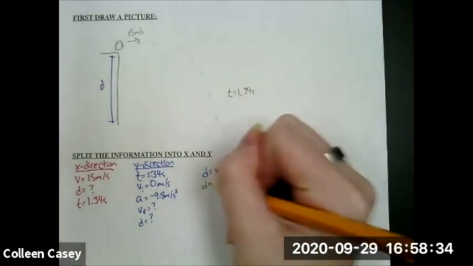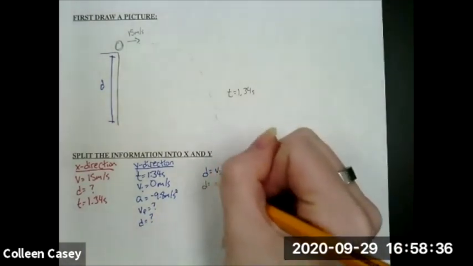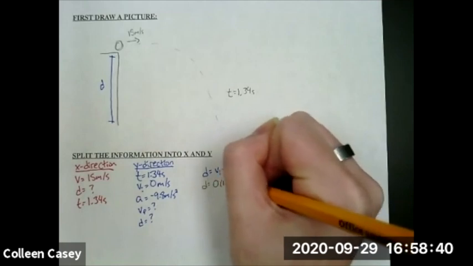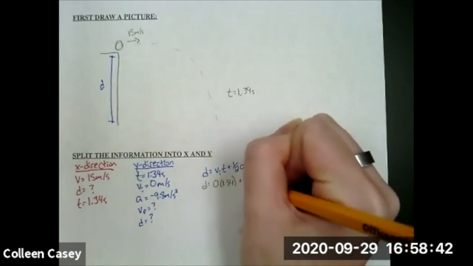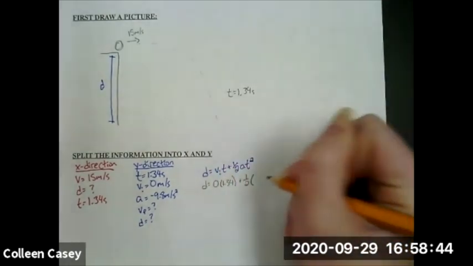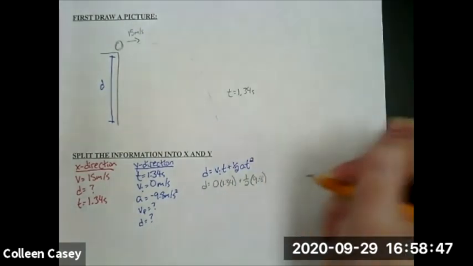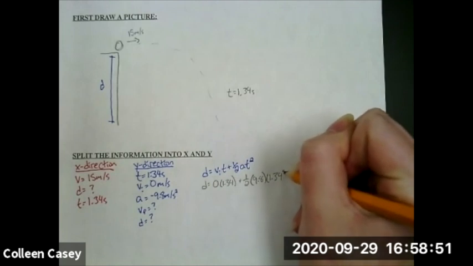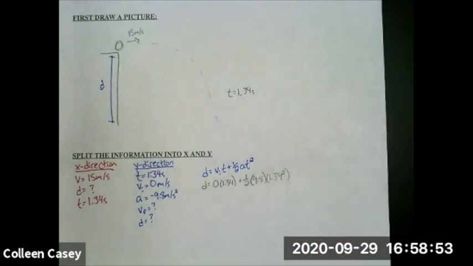I don't know the distance. My initial velocity is 0. My time is 1.34. Plus 1/2, a is always 9.8 in free fall, and t is still 1.34, now it's squared.